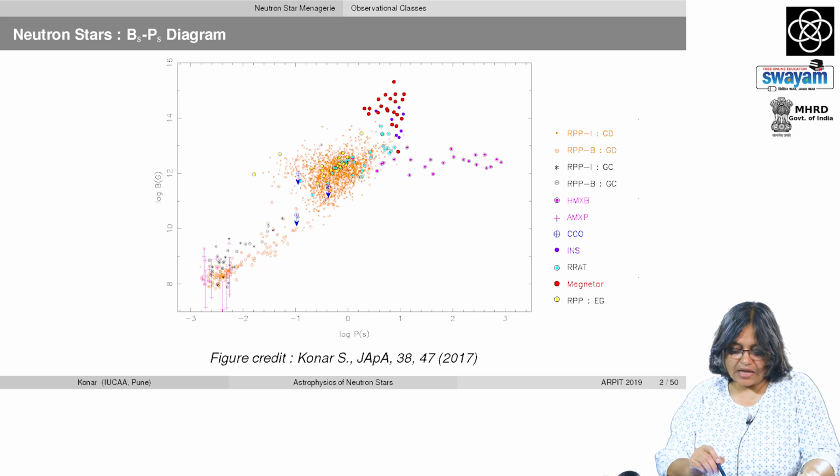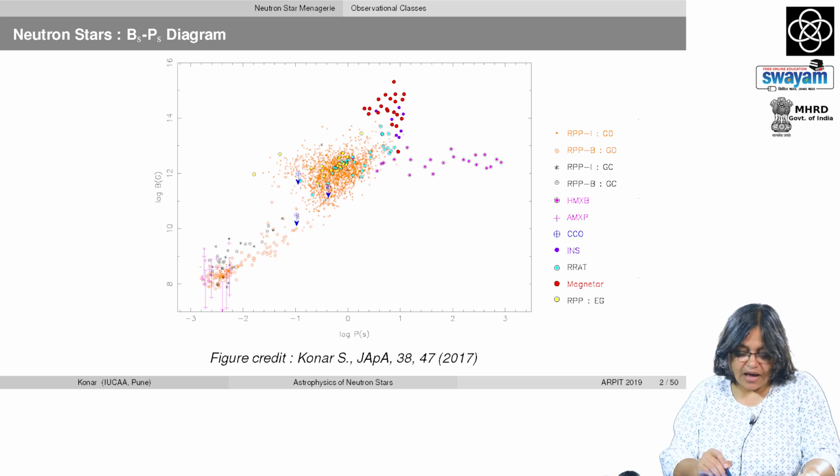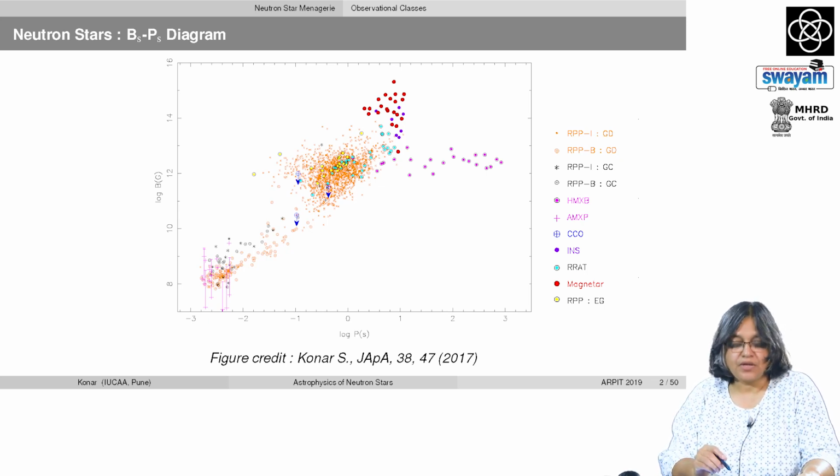As you can see, different symbols and different colors represent different types of neutron stars. This main island of orange dots, these are the radio pulsars. Here you would see it says RPP. This means rotation powered pulsars, and you would recall in previous lectures we have described how a radio pulsar emits. The energy comes from the rotational energy. So, these are rotation powered radio pulsars.